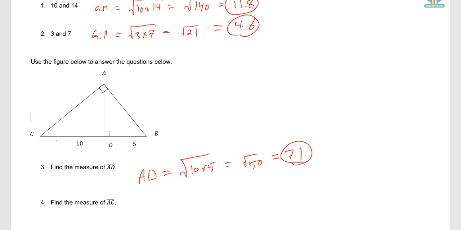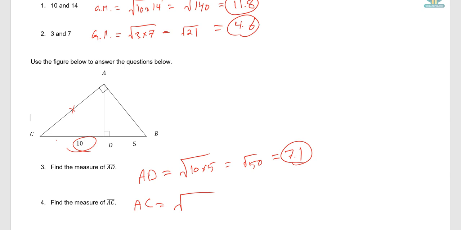Find the measure of AC. Again, AC is the geometric mean of the full hypotenuse, BC, which has a length of 15, and the segment closest to the side of interest, AC, which happens to be CD with a length of 10.